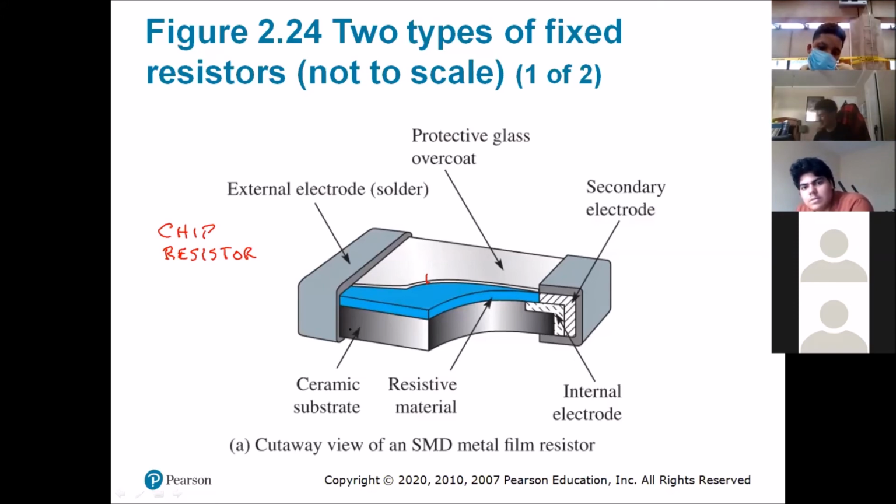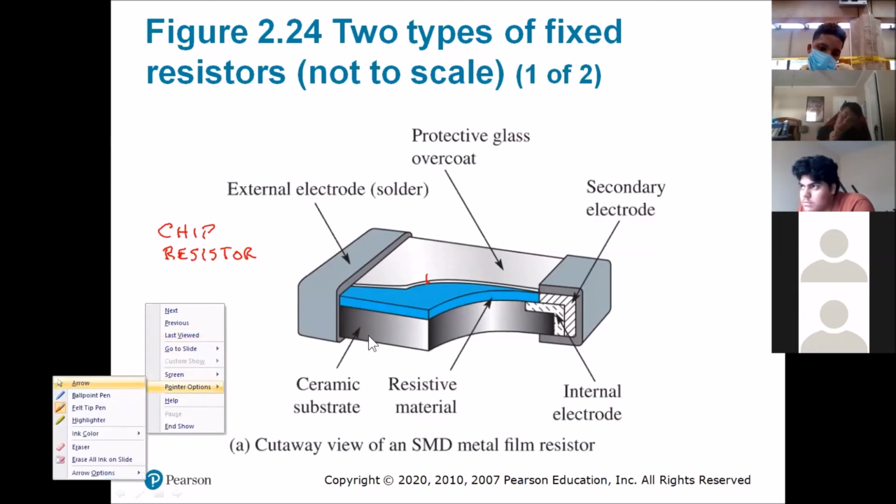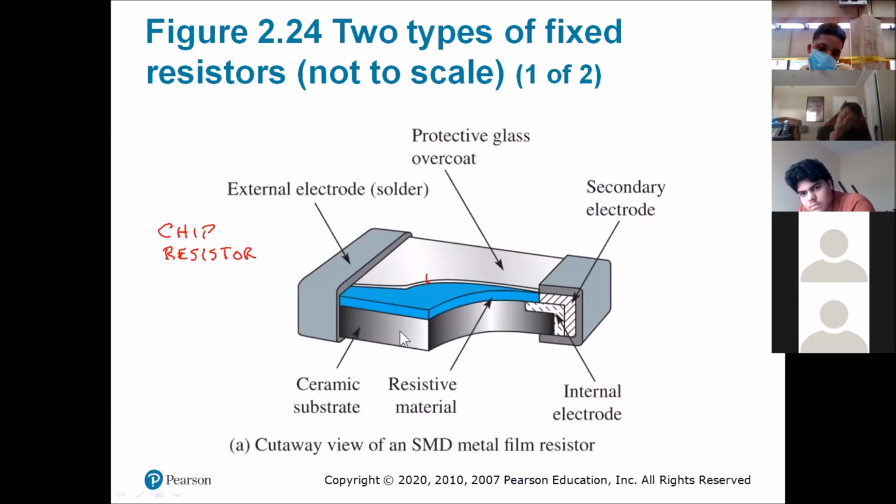The way they make that is, there's a ceramic substrate, and that's nothing more than a mechanical thing to put our resistive element on. So the resistive material, sometimes carbon, sometimes a metal, goes over that, and that's where the actual resistance, the opposition, comes from.